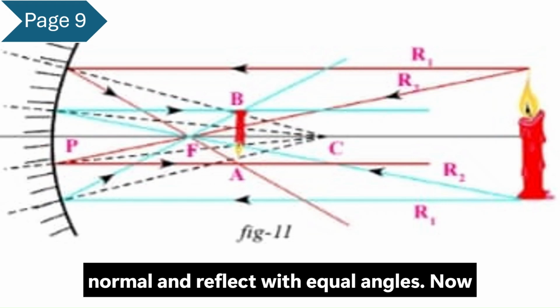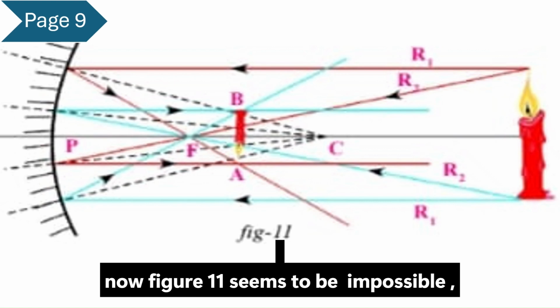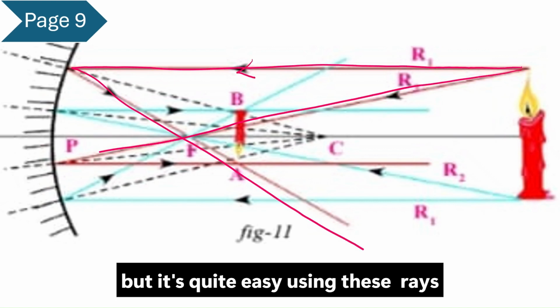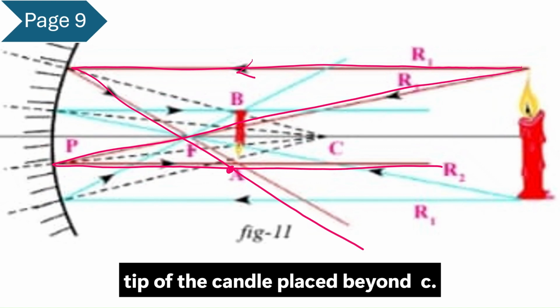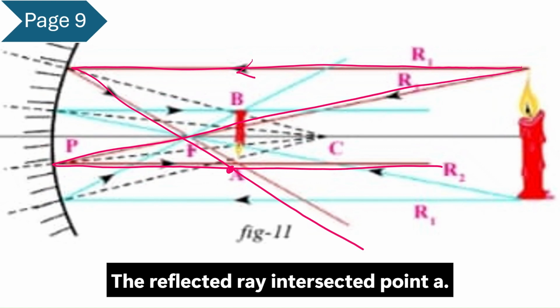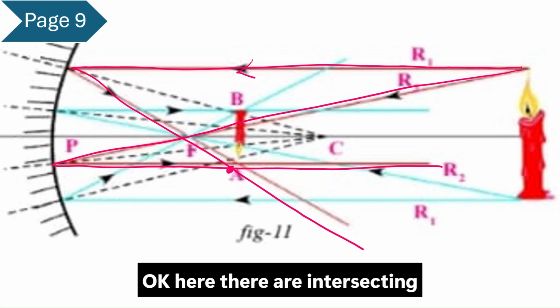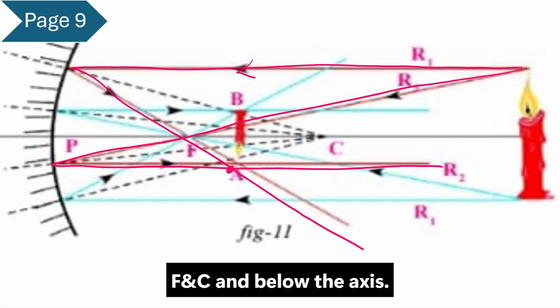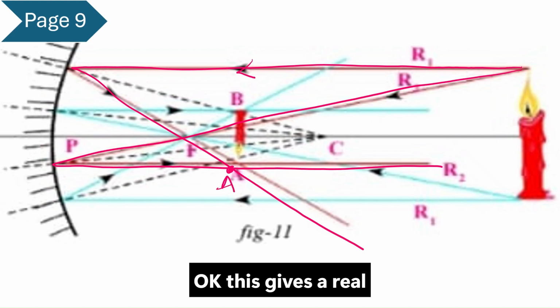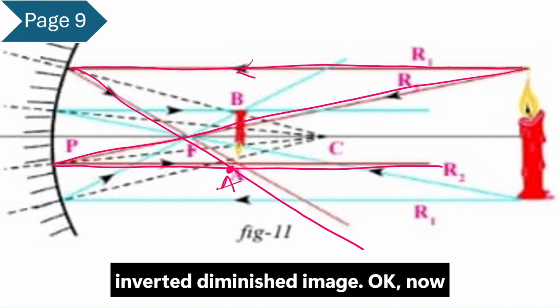Now figure 11 seems to be impossible, but it's quite easy. Using these rays, R1 and R2, from the tip of the candle placed beyond C, the reflected rays intersect at point A. Here they are intersecting at point A, which is between F and C and below the axis. This gives a real, inverted, diminished image.